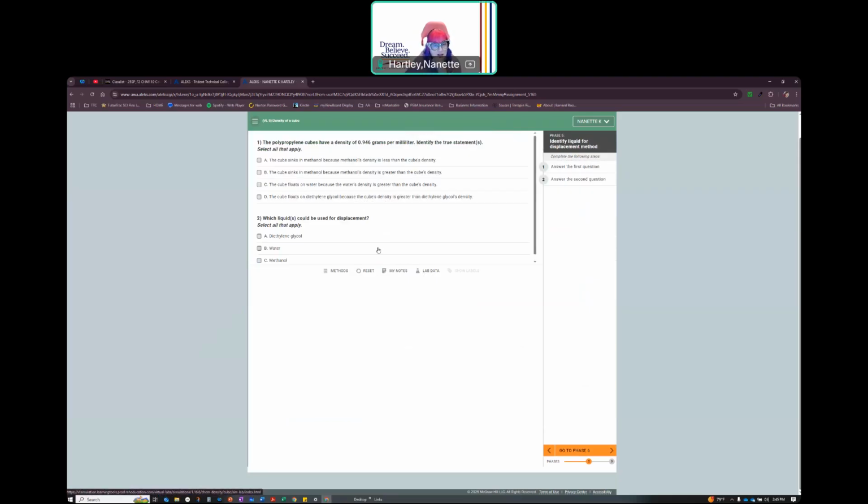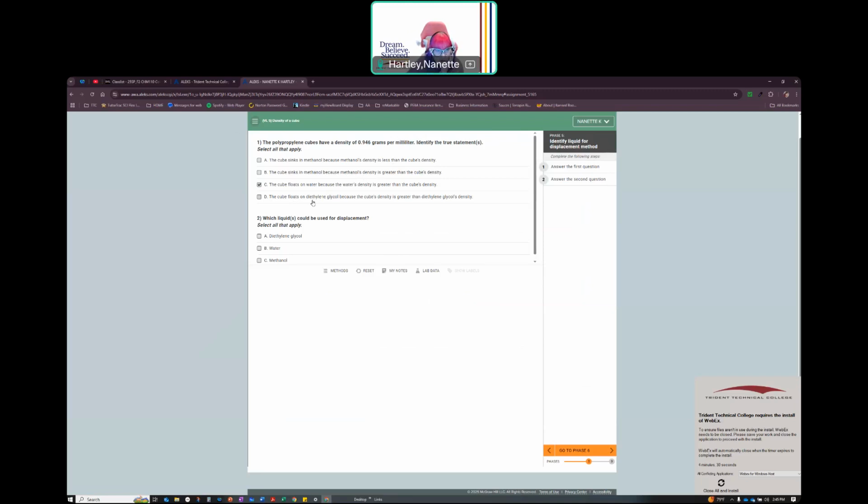Polypropylene cubes have a density of 0.946 grams per milliliter. Identify the true statements. Cube sinks in methanol because methanol's density is less than the cube's density. Cube sinks in methanol because methanol's density is greater than the cube's density. Cube floats on water because water's density is greater than the cube's density. That's true. And the cube floats on diethylene glycol because the cube's density is greater than the diethylene glycol's density.